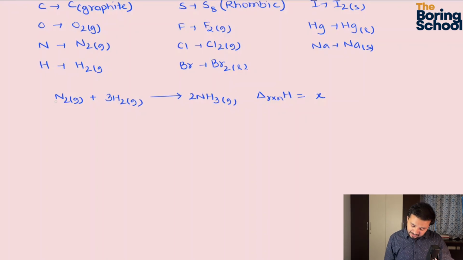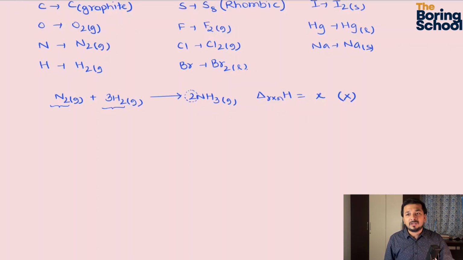We can see that NH3 is getting formed from its constituent elements present in their standard state. But the problem is that 2 moles of NH3 are getting formed. Because it is 2 moles of NH3, this is not the heat of formation.